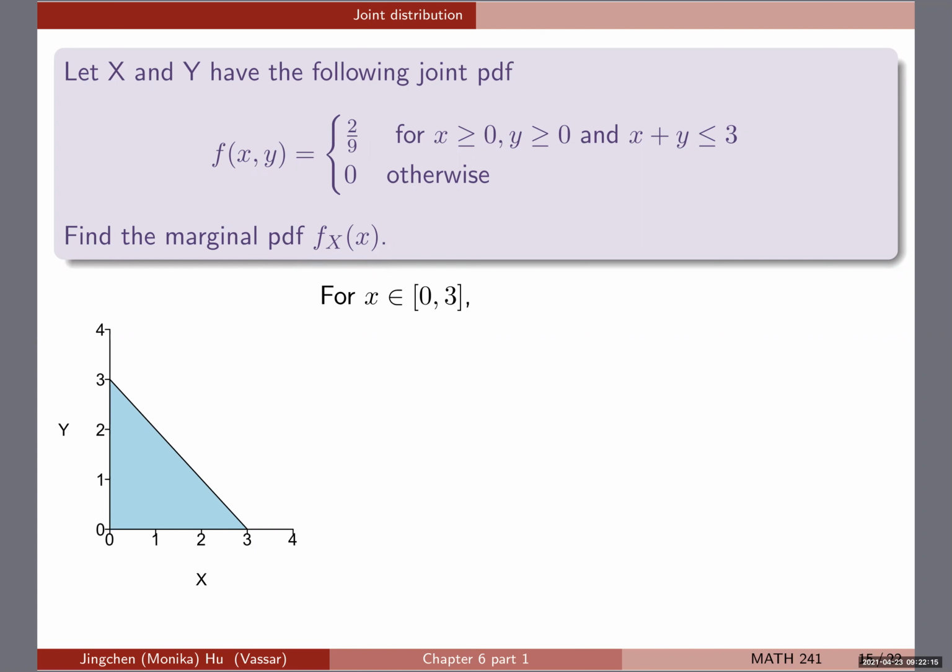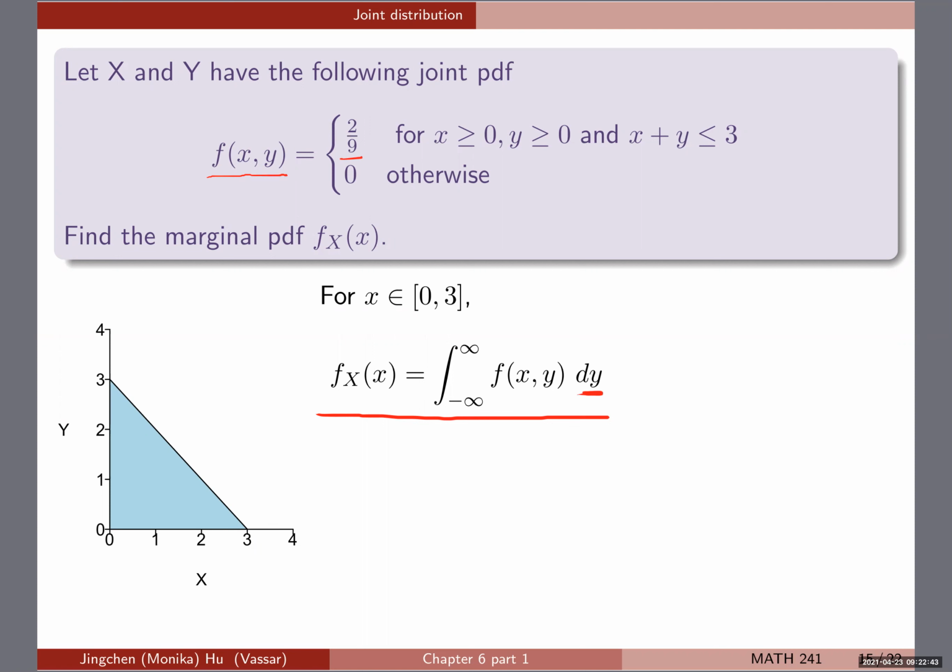All right. So how am I supposed to do this, not a double integral, but a single integral of integrating out y? Starting with the definition, in order to get the marginal, I need to integrate out the other one of the joint. So now the question becomes: I know my f_XY within this range is 2/9, and I need to integrate out y.